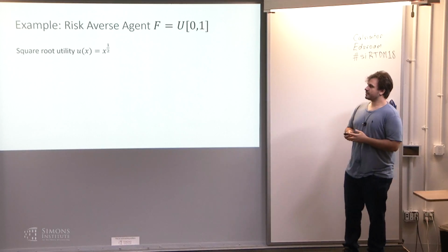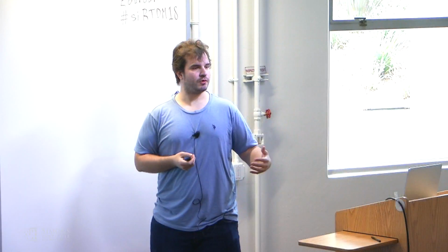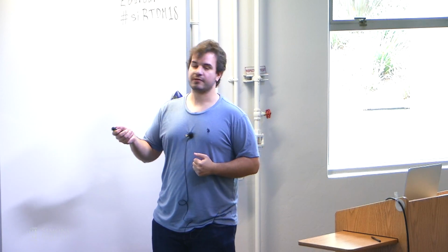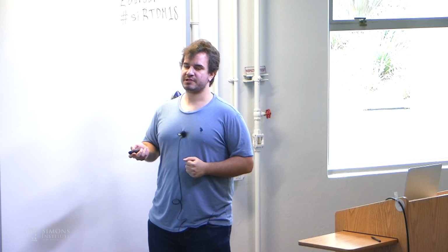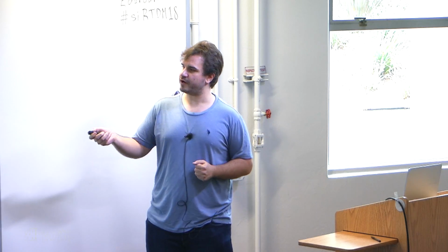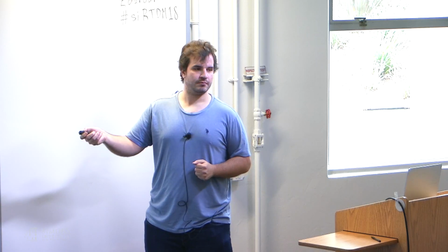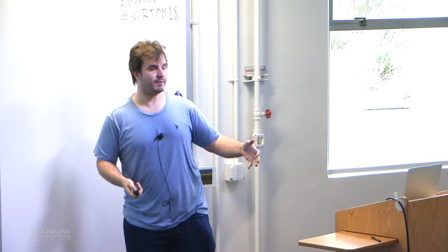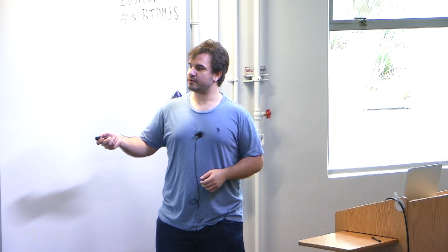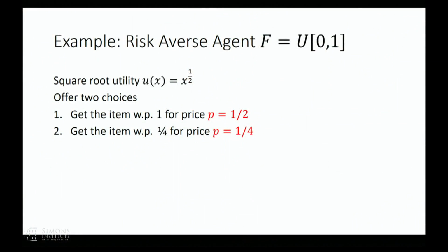Now, remember before, we were offering a single price when that was linear. So now I'm changing the algorithm a little bit by adding an extra choice. Instead of offering only that option, I'm giving you the option of buying the item at a price of a half with certainty. I'm also telling you that there's this lottery you can pick.